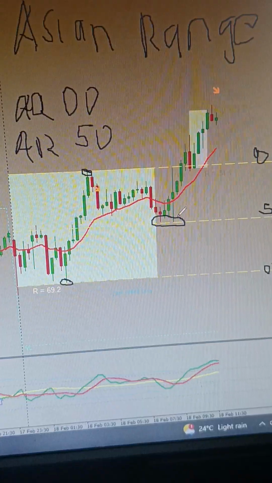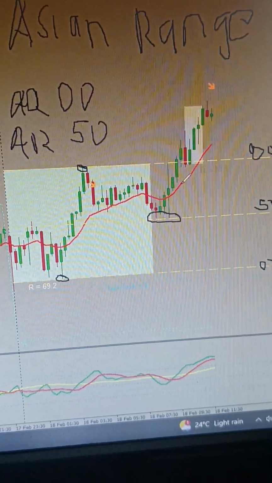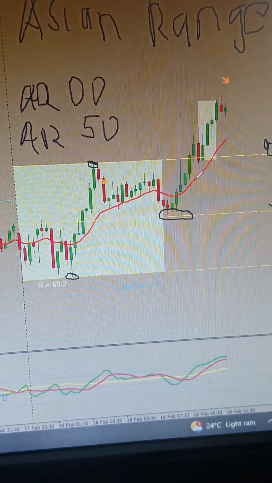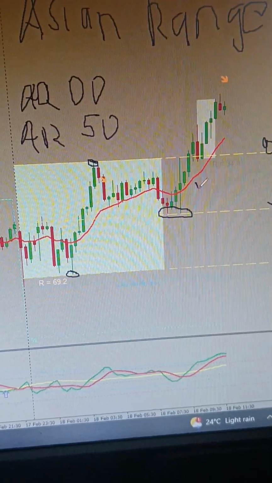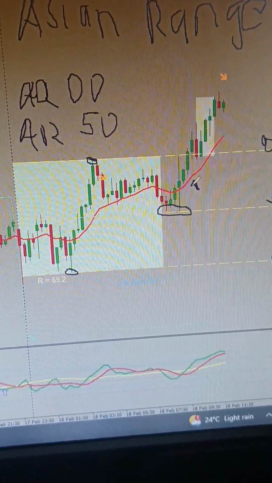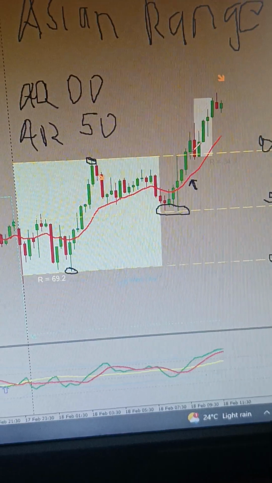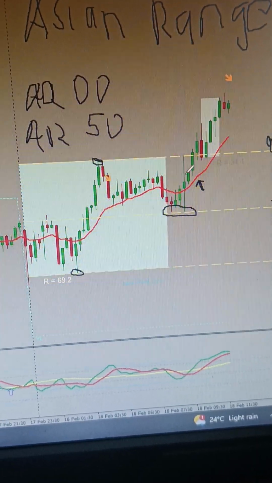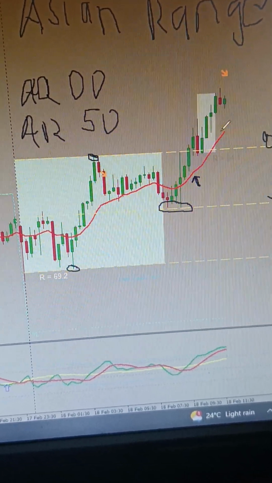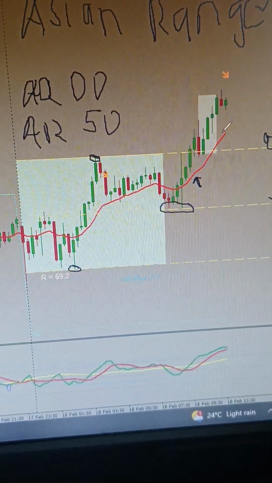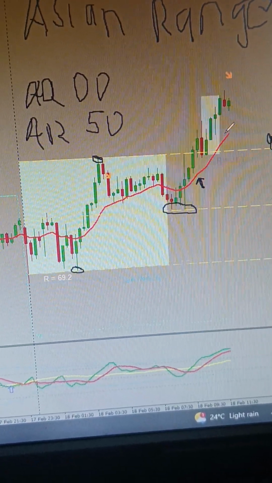It's advisable that you have an MA, though it's not compulsory. For me, this is the 13 EMA. You all know that my 13 EMA is the only EMA that I may check, for extra confirmation.